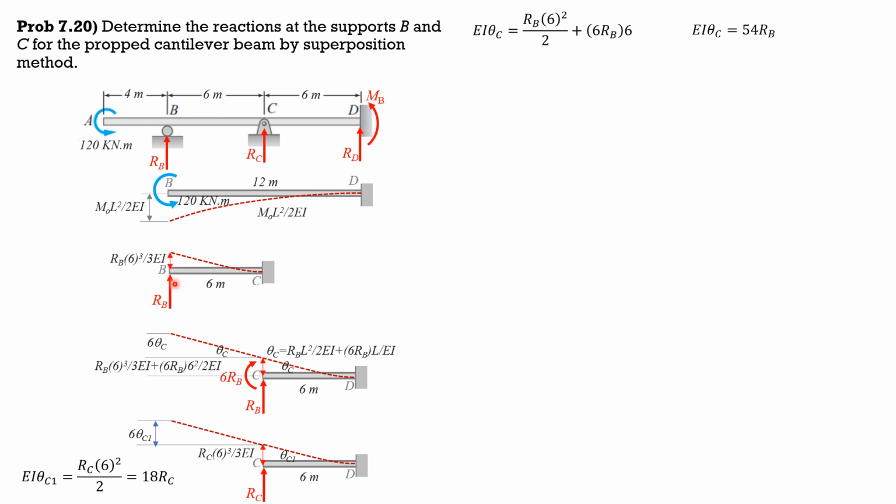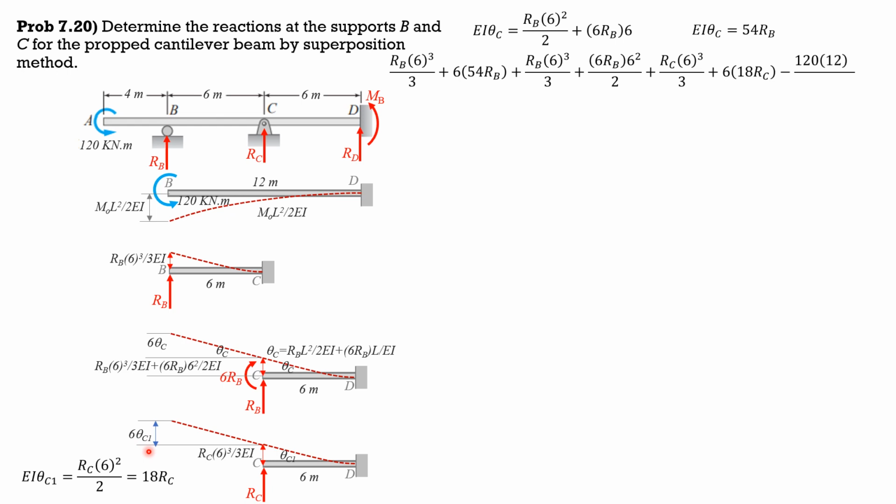Let's begin here at B rather. So RB 6 cube over 3, let's take EI as 1, plus 6 times theta C, which is 6 times 54 RB, plus RB 6 cube over 3 plus 6 RB 6 square over 2, then plus RC 6 cube over 3 plus 6 theta C1, 6 times 18 RC, theta C1 rather, then minus MO 120 12 square over 2 equals 0.